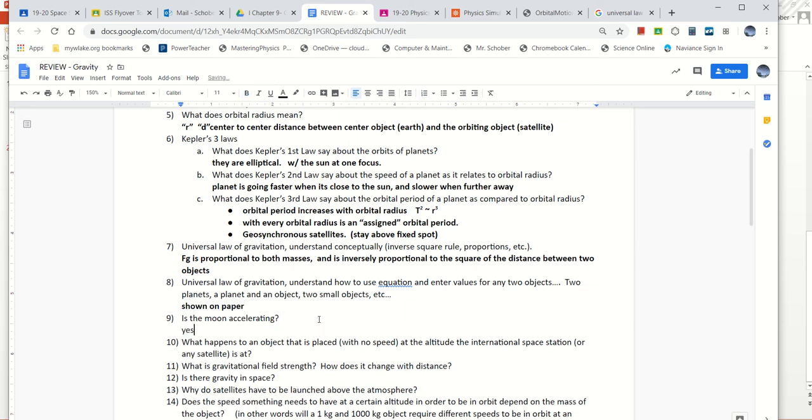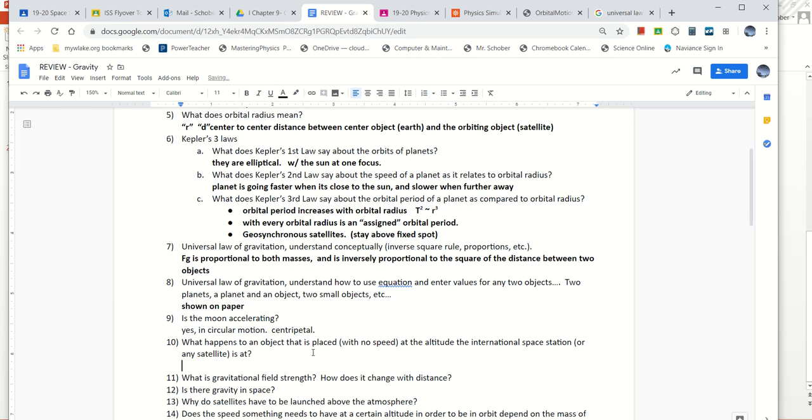Is the moon accelerating? Yes, it's in circular motion, so it has centripetal acceleration. Does that mean it's speeding up? No. What happens to an object that is placed at an altitude the International Space Station is at, and nothing else happens to it?